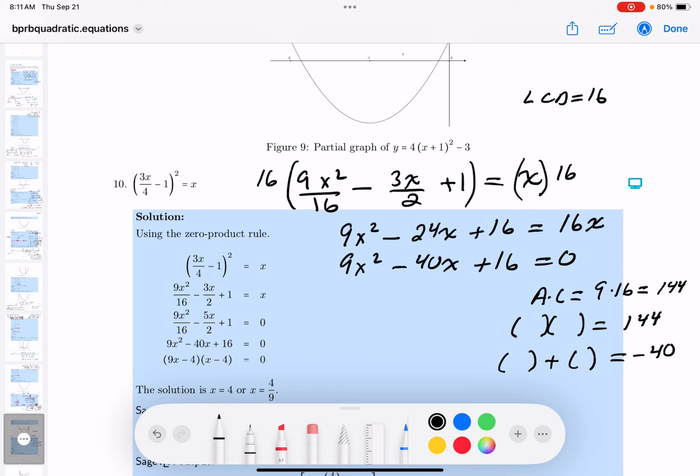All right? So I want to find out what those numbers are. Now, I do know that 9 times 16 would give you 144, but 9 plus 16 is not minus 40. Now, you might say, oh, it's minus 9 and minus 16. Well, that does give you 144, but it doesn't give you the minus 40.